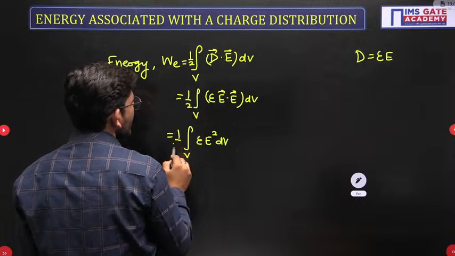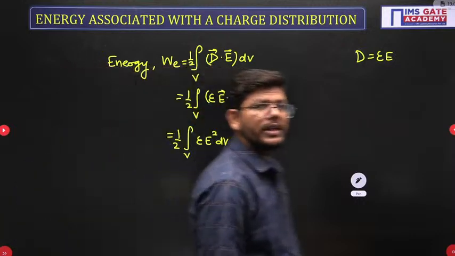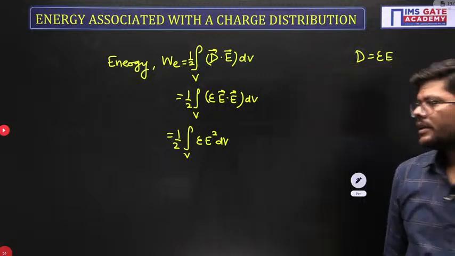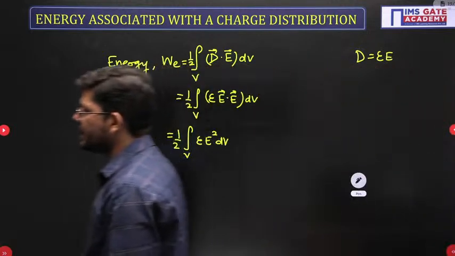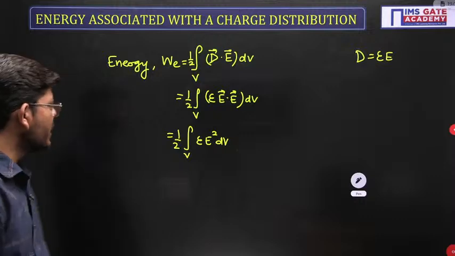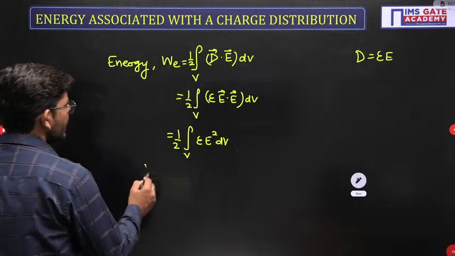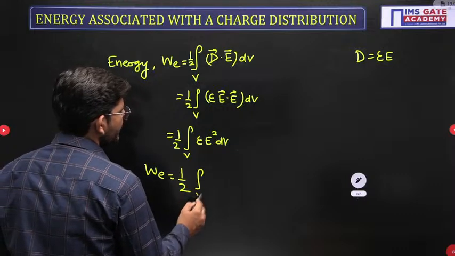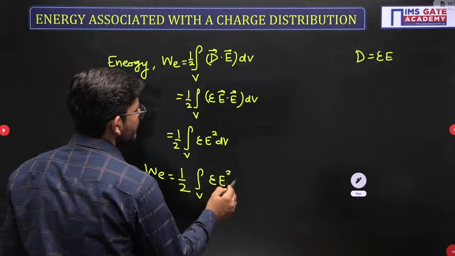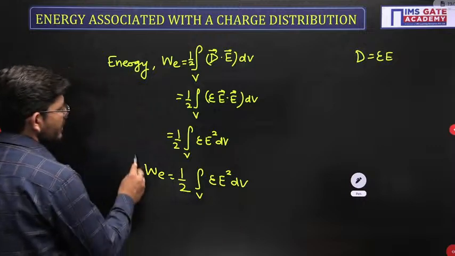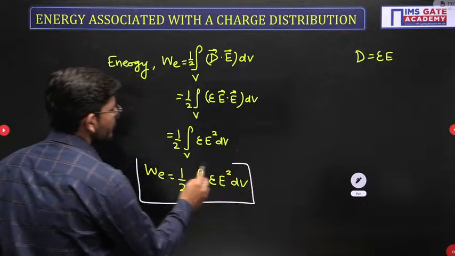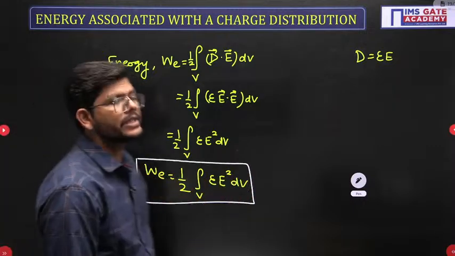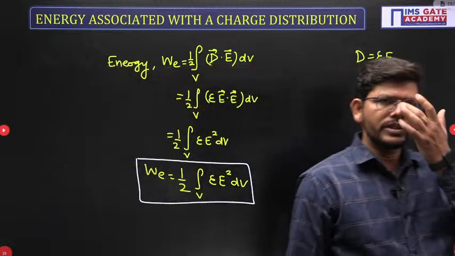So it is half epsilon E square dV. Okay, volume integral half epsilon E square dV. So energy, that is WE associated to electrostatic field, is evaluated by this particular integral or by this particular formula. So this is the energy associated with the electrostatic field.